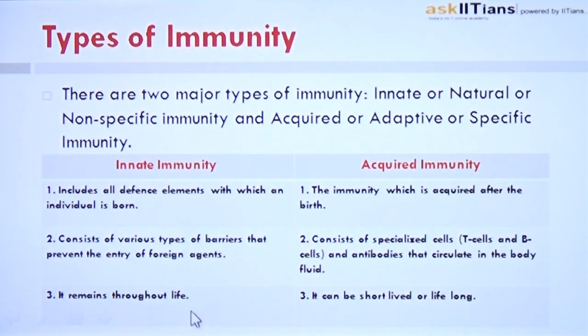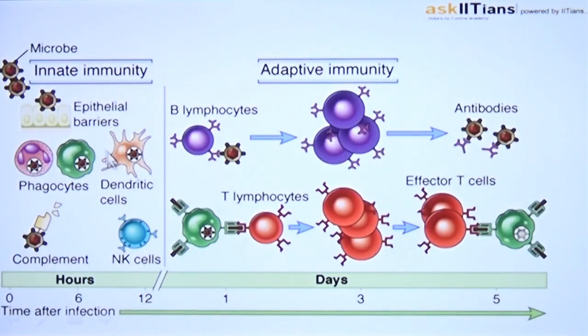Innate immunity remains throughout the life of a human being, but acquired immunity can be short-lived or lifelong depending on the type of antigen that has entered into the body. You can see here innate immunity: epithelial barriers, phagocytes, dendritic cells, complement, and natural killer cells.